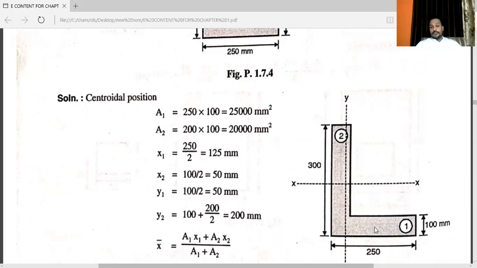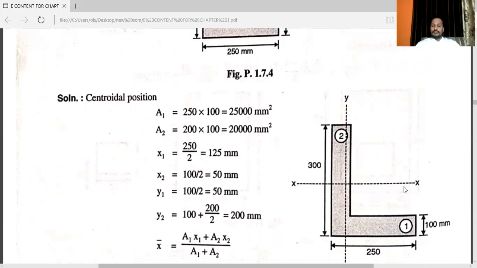Here will be the centroid for the first rectangle. The diagonal of the second rectangle cutting point will be here. See the cursor location. But we are considering the x of an entire diagram, y of an entire diagram.